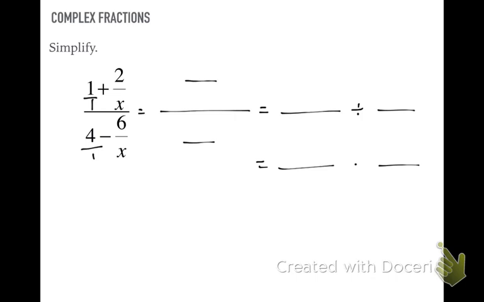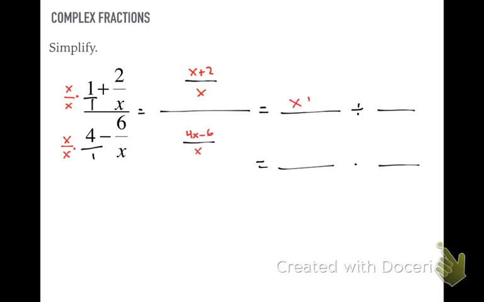So looking at the fractions up top, we've got a denominator of 1 and a denominator of x, so the common denominator would be x. We would have x over x plus 2 over x. So use that common denominator to combine that into a single fraction. Down below, here again, our common denominator is x. We'll have 4x over x minus 6 over x, so (4x minus 6) over x.